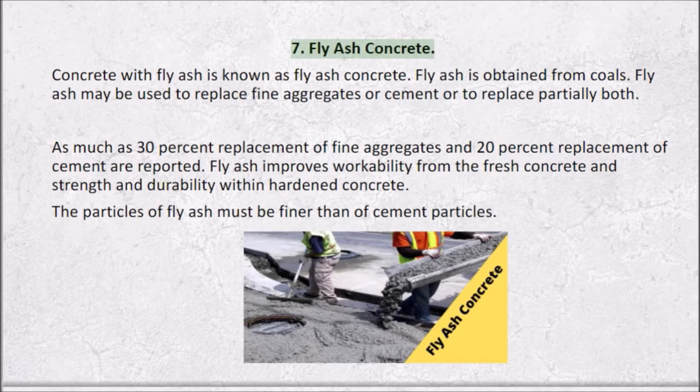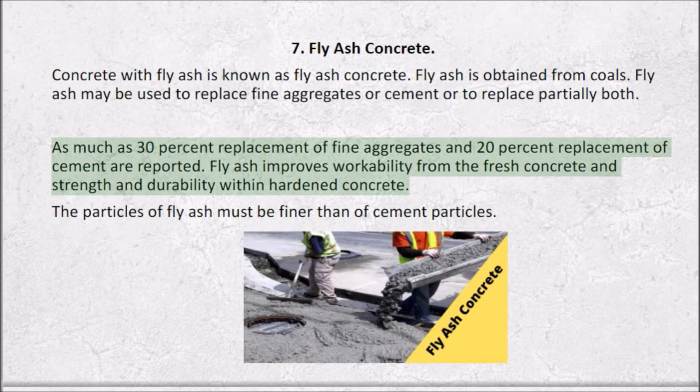7. Fly ash concrete. Concrete with fly ash is known as fly ash concrete. Fly ash is obtained from coal. Fly ash may be used to replace fine aggregates or cement or to replace partially both.